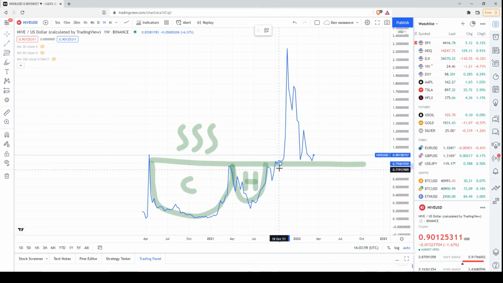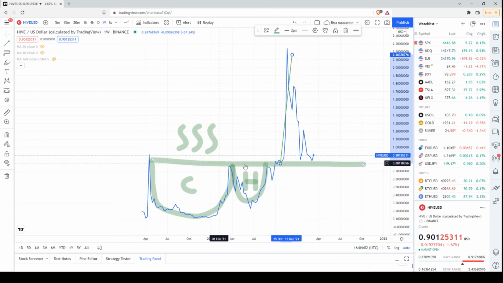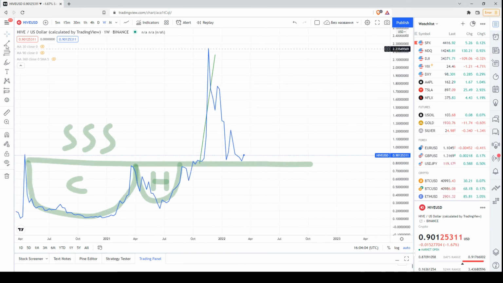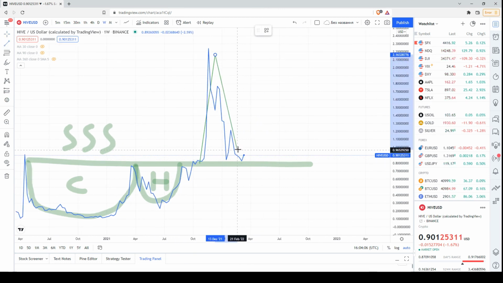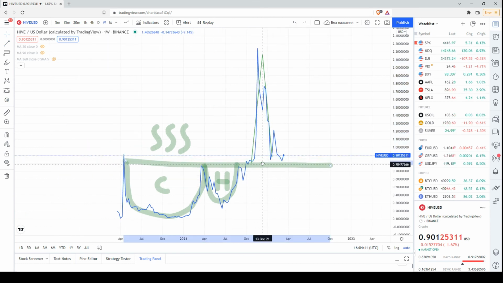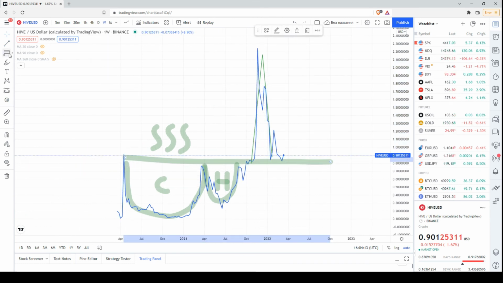We've been following this cup and handle closely. The price went through the upper line of this cup and handle, then we had a decline, the price rebounded, and now we're once again here at this critical line.